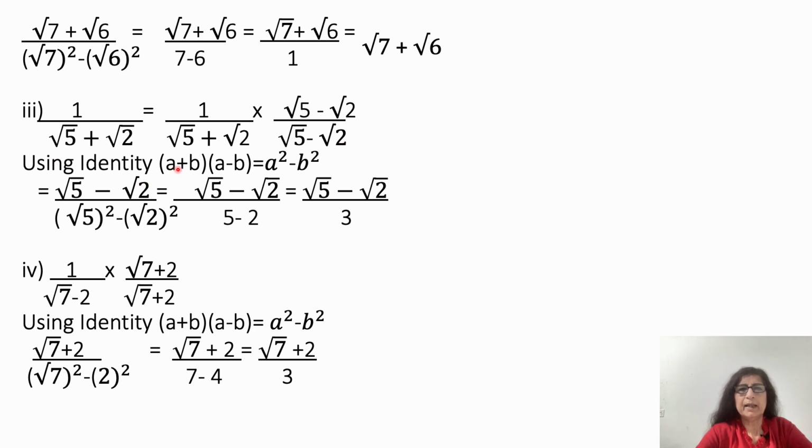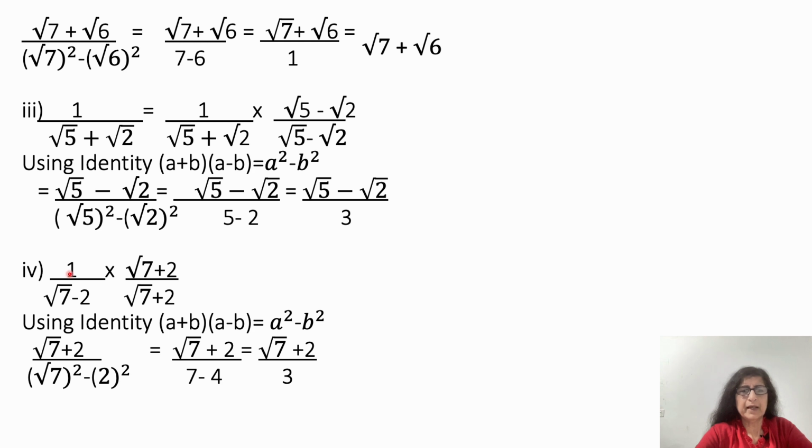Using the identity, a plus b into a minus b is equal to a square minus b square, we get under root 5 minus under root 2 upon under root 5 square minus under root 2 square. Under root 5 square is equal to 5, under root 2 square is equal to 2. So in the numerator we get under root 5 minus under root 2. In the denominator we get 5 minus 2 is equal to 3.